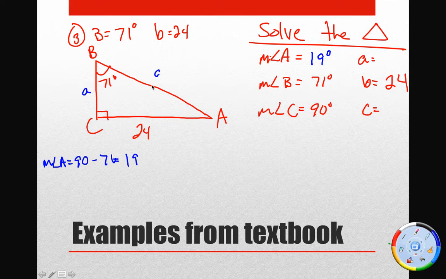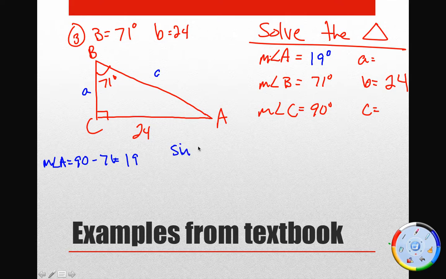And then I need to look at this triangle and I go, okay, I'm given 71, and from 71, I'm given the side opposite. And I know that opposite over hypotenuse is sine. There's many ways to solve this problem, but this is just the first one I'm going to do.